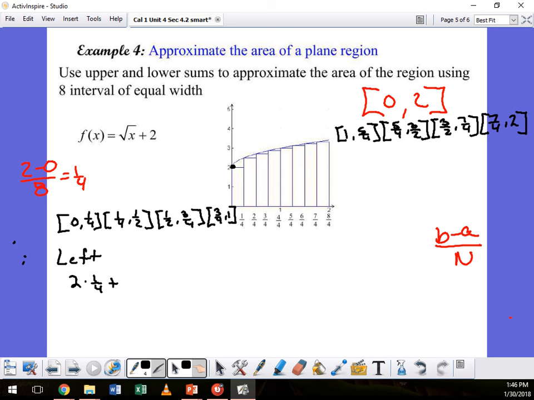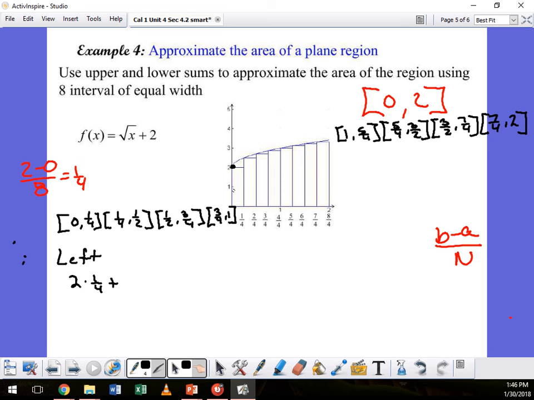So if I started at 0, f of 0 is 2. f of 1/4 equals 2.5. 2.5 is 5/2, right?